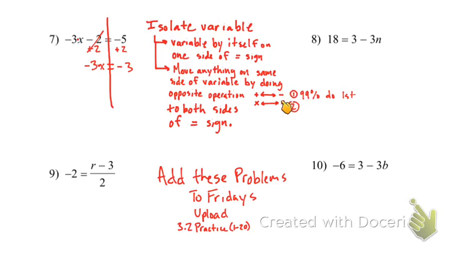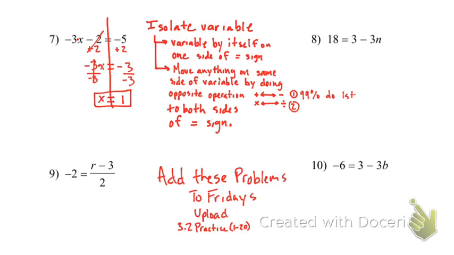This is going to be our second thing we want to do. The -3's cancel out, and then we have x all by itself, exactly what we want, and then -3 divided by -3, if you do that math correctly, you get a +1. Okay, this is two-step equations.